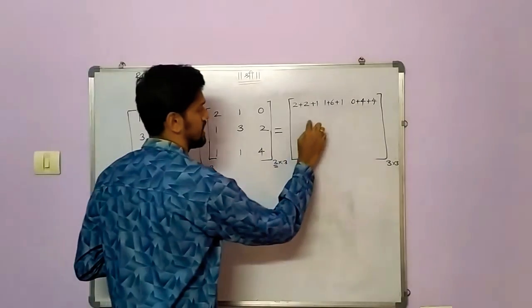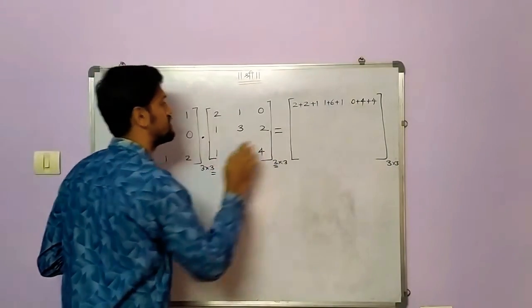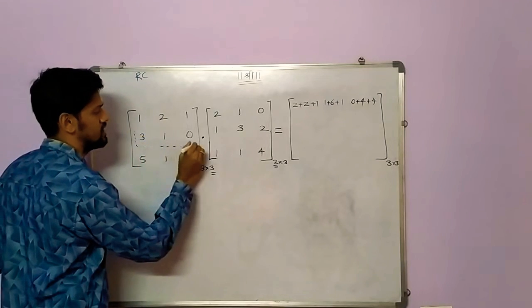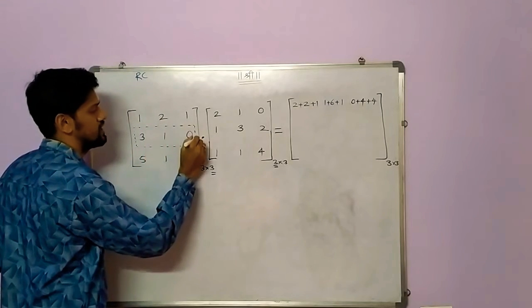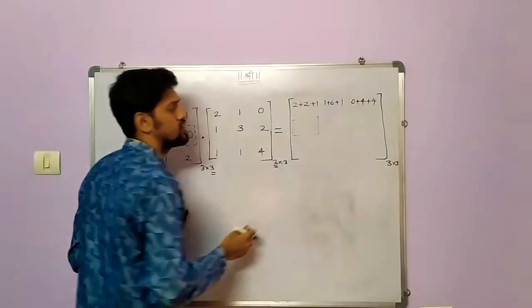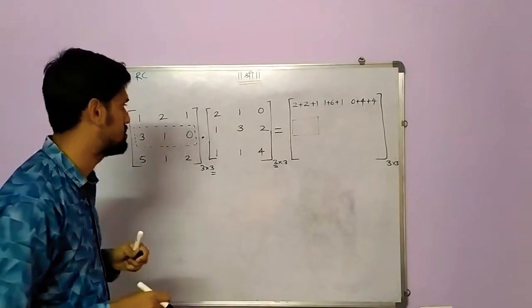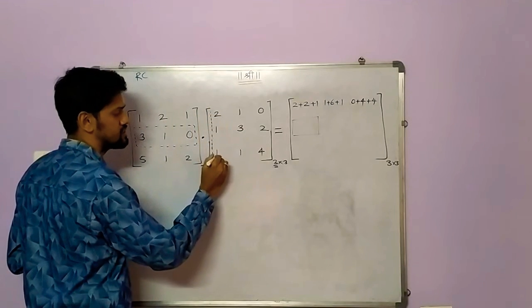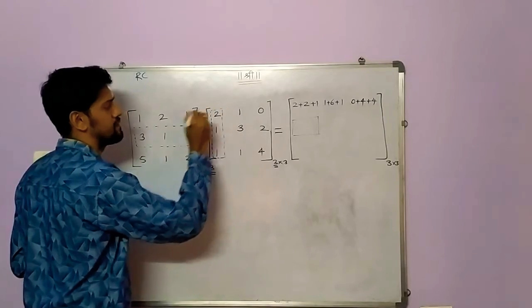For this particular second row, first column, what we will do is I'll just highlight it so that you get an understanding. We need this particular element now. So it is in the second row and first column. So we will choose second row and first column over here.